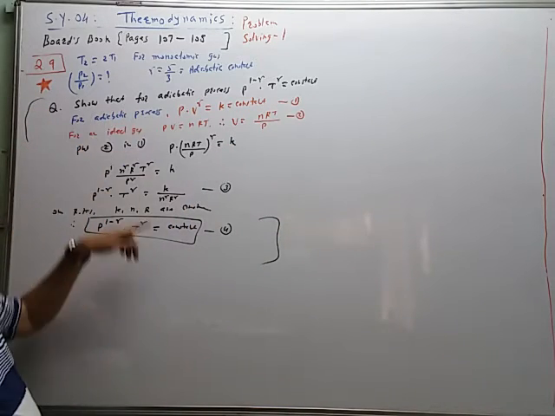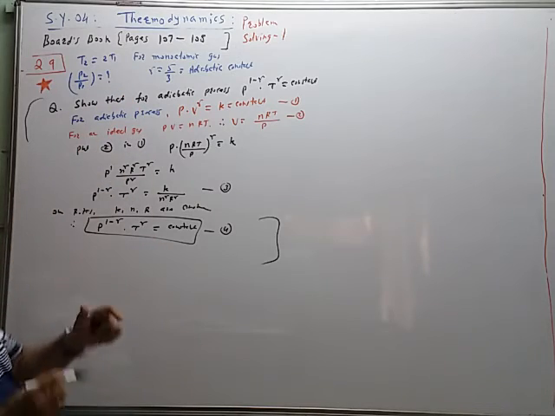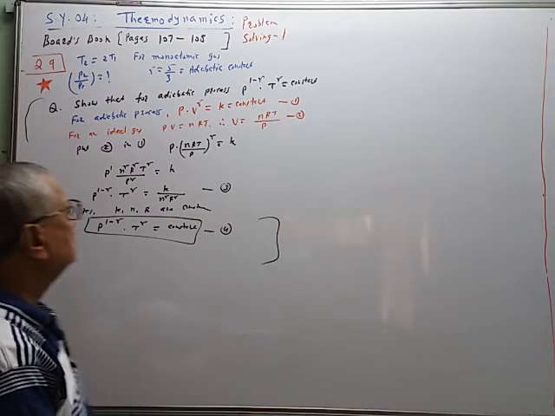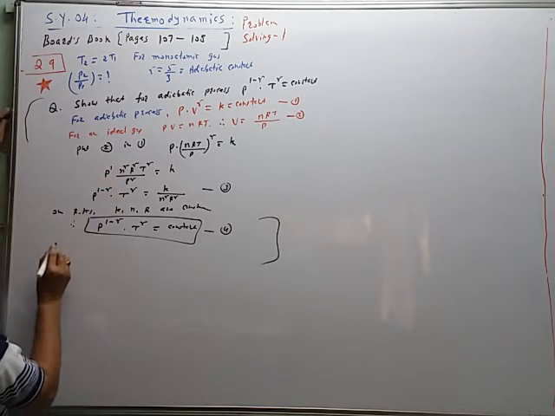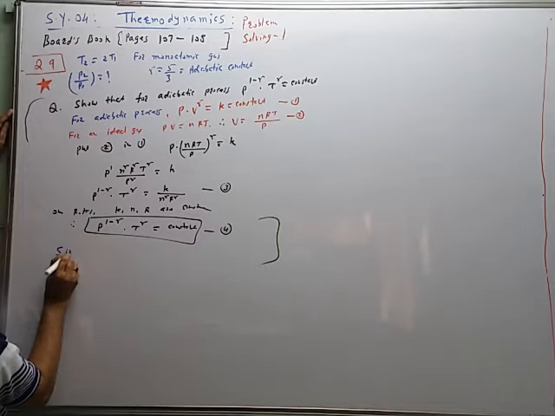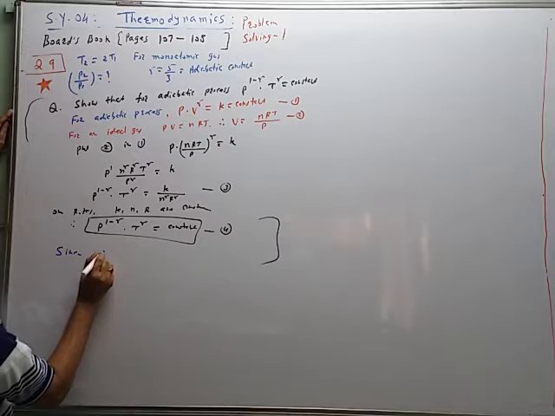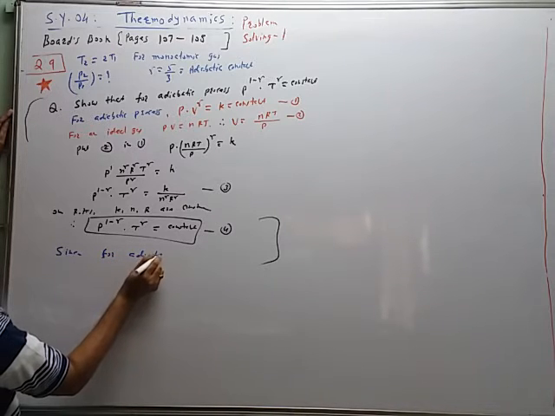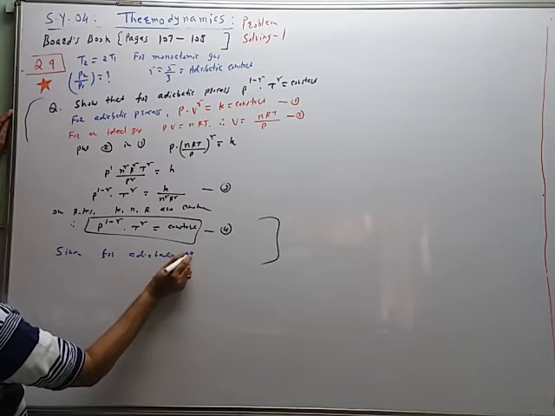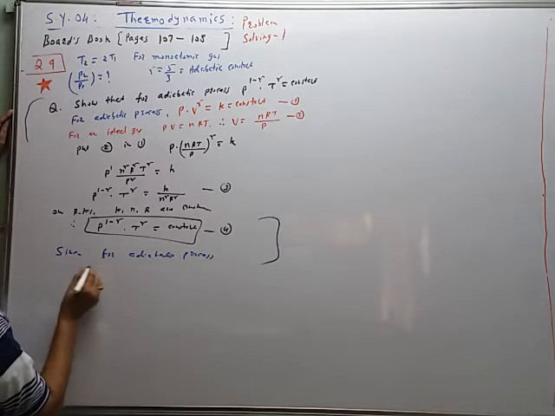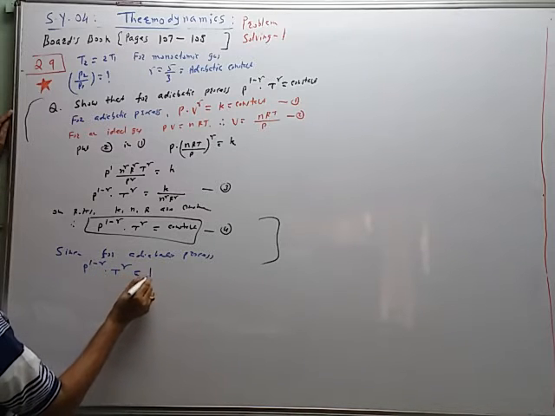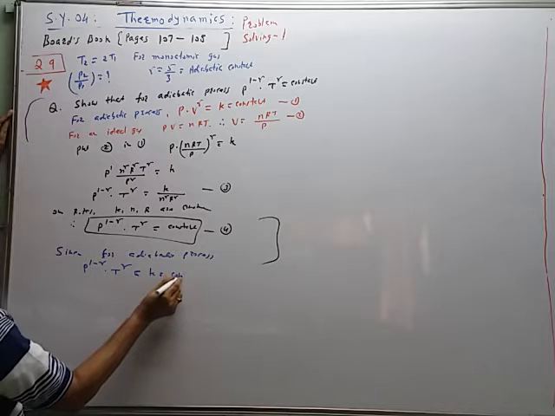Now what to use this relation for our problem? Since for adiabatic process, P raised to 1 minus gamma into T raised to gamma is equal to K is equal to constant.